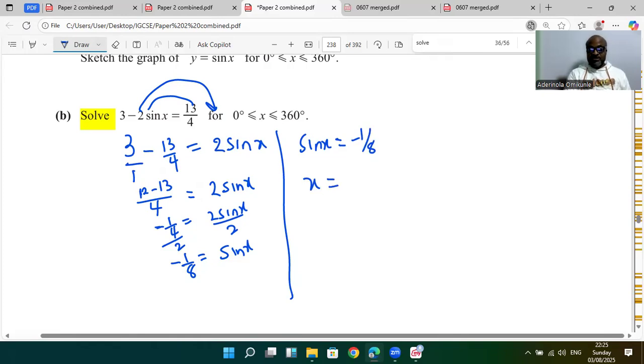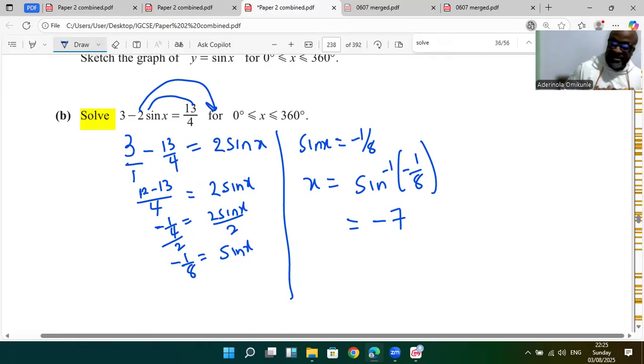Obviously, the next thing will be to get the sine inverse of negative 1 over 8. So here my calculator comes in again. Sine inverse of negative 1 over 8, close it, and that gives me negative 7.18 degrees.